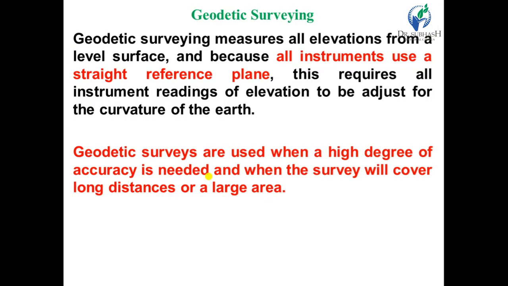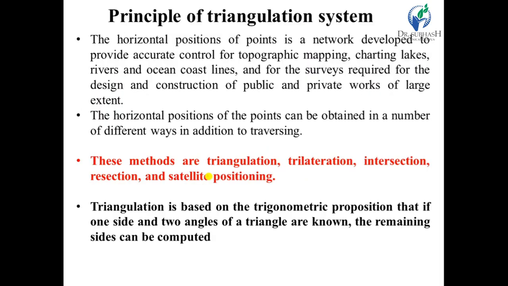Geodetic surveying measures all elevations from the level surface, and because instruments use a straight plane, instrument readings of elevation must be adjusted for the curvature of the Earth. So geodetic surveys are used when a high degree of accuracy is needed and the survey will cover a long distance or a large area.